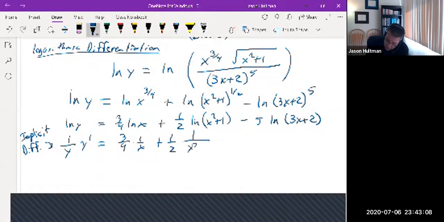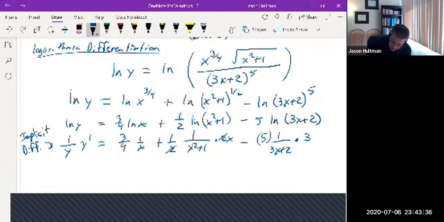So that's 1 over x squared plus 1 times 2x. Okay, and notice the 2's cancel. It's kind of nice. Minus 5 times 1 over 3x plus 2 times 3, right? Derivative of the bottom is 3.